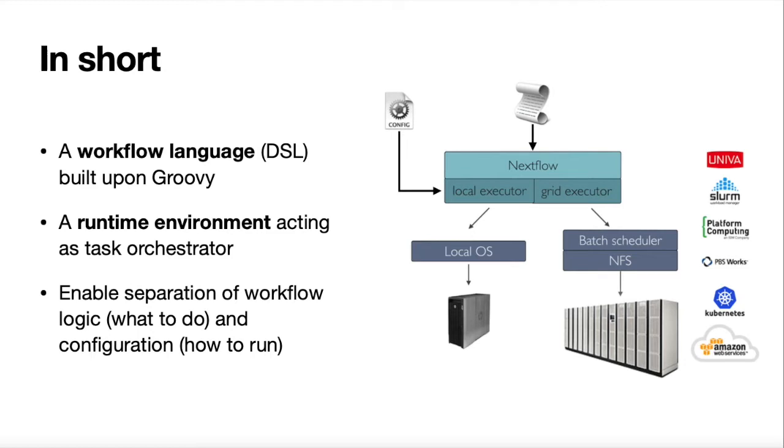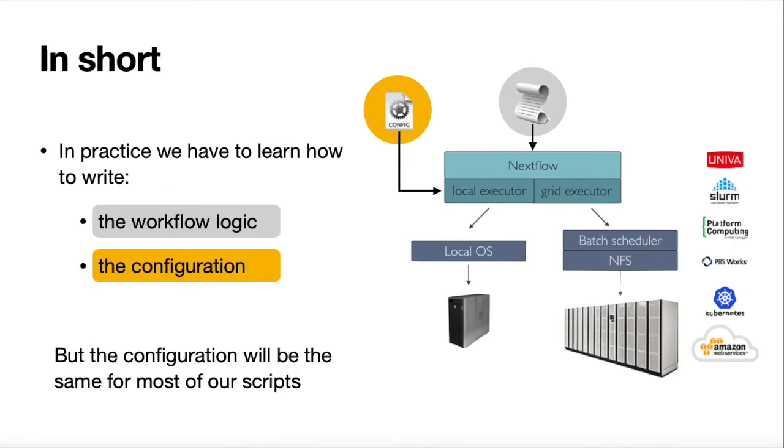And this happens also because there are basically two languages, if you want. One is the actual workflow logic, the main script, where you define the processes and the relationship they have. And the other are the configuration files. For example, in my HPC, I might have access to specific queues, for example, QIB long or QIB high memory or something like that.